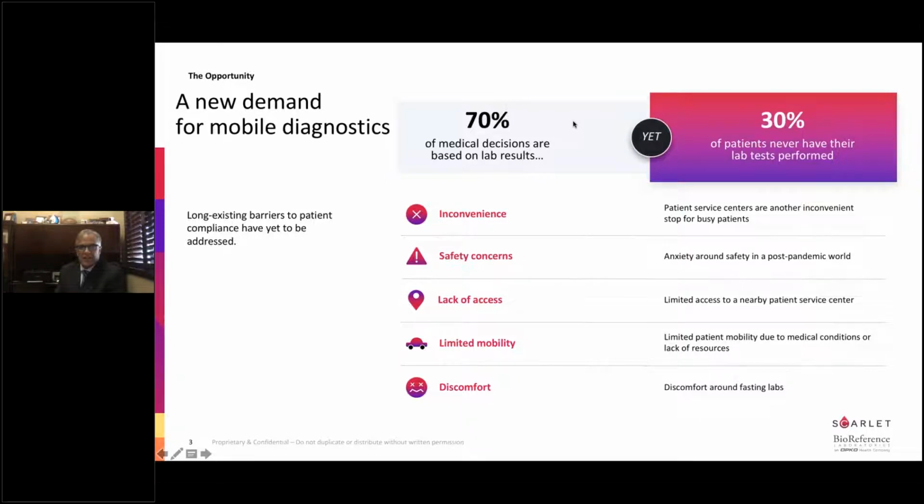Some of the inconveniences of our traditional service center method: patient centers are another inconvenient stop for busy patients. There is anxiety around safety in this post-pandemic world, coming into a crowded environment.